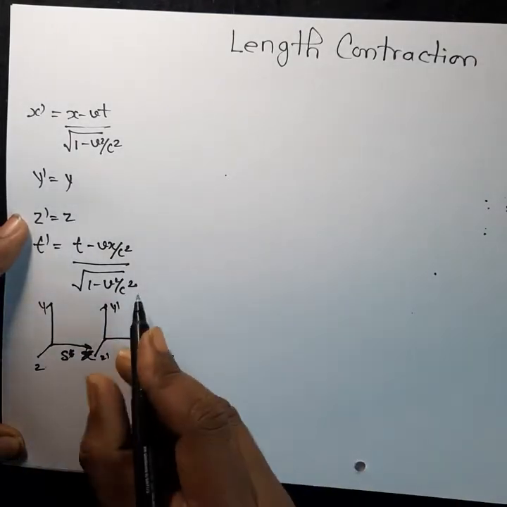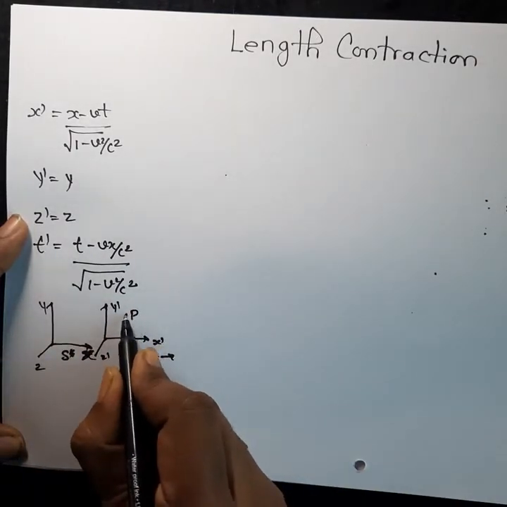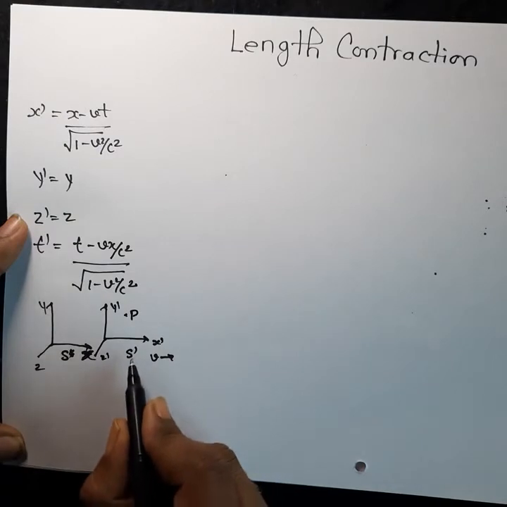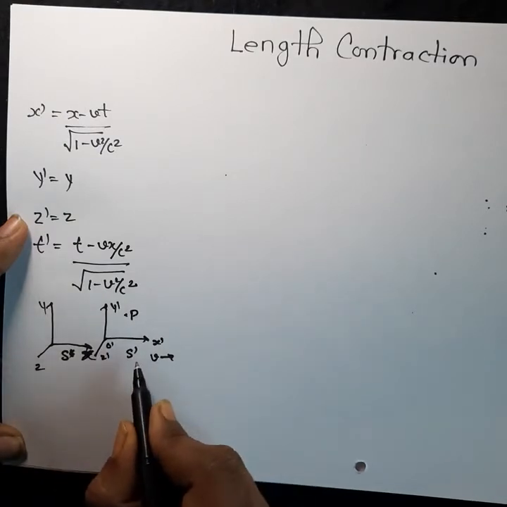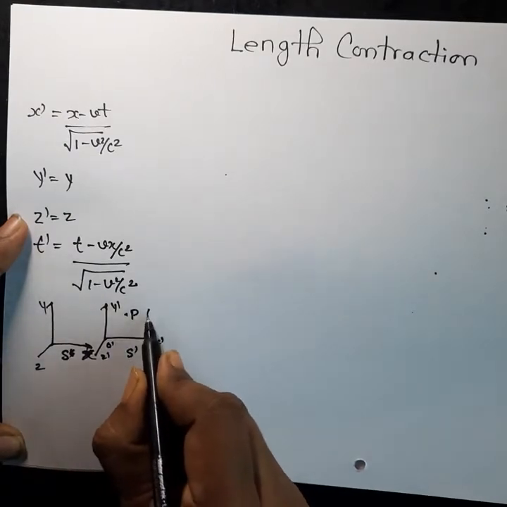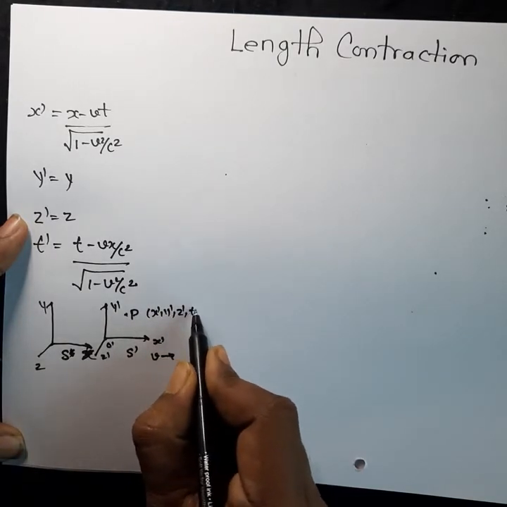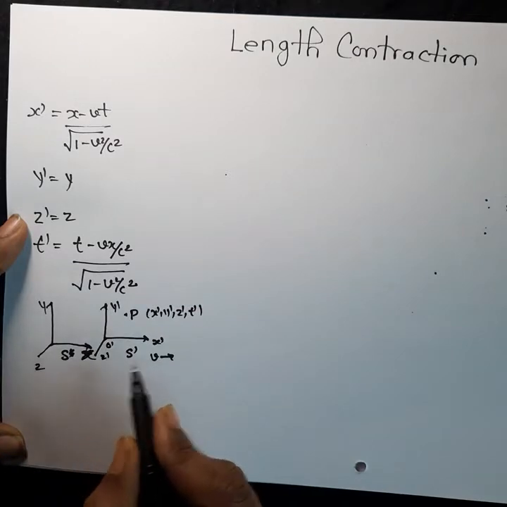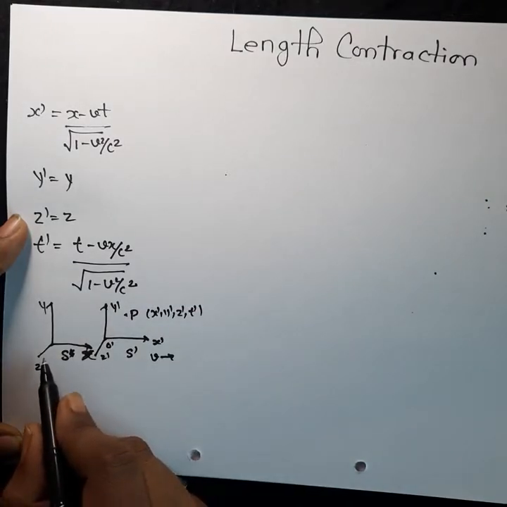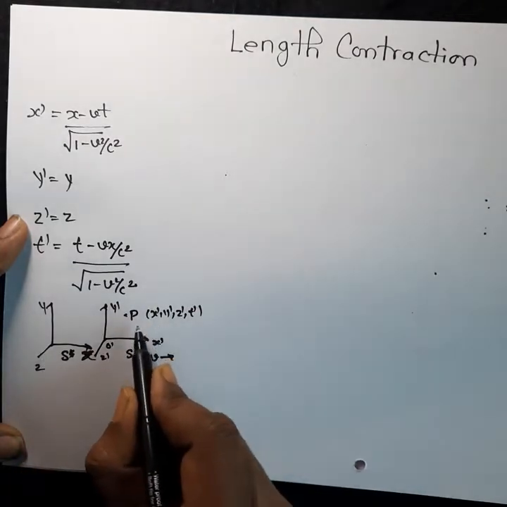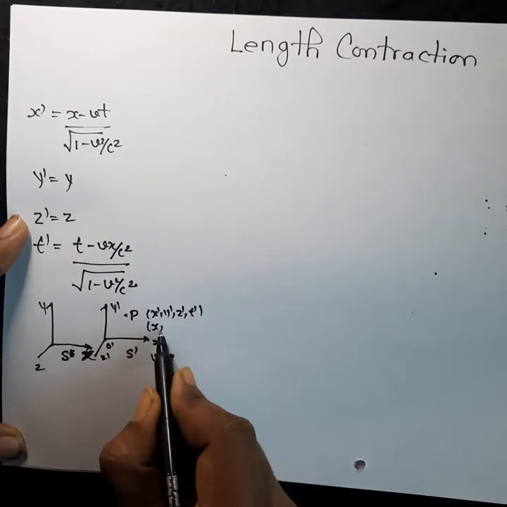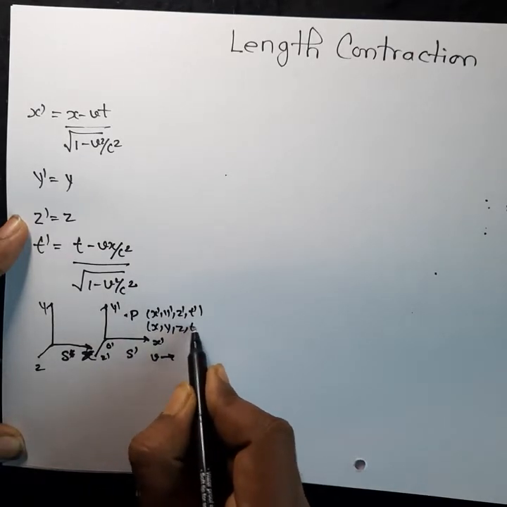If some event takes place at point P, then for the observer O', the coordinates of this event will be x', y', z', and t'. But for the observer which is not moving, the coordinates will be x, y, z, and t.